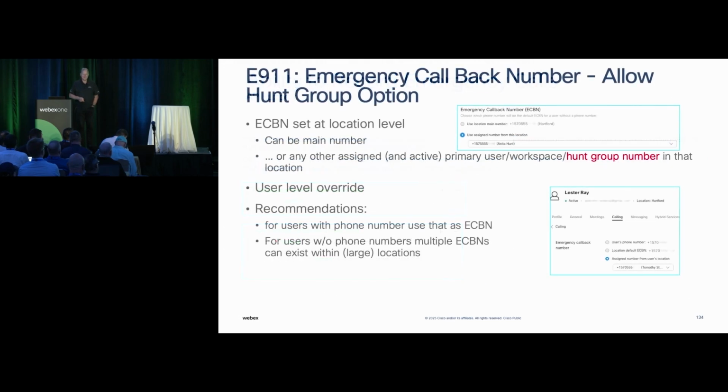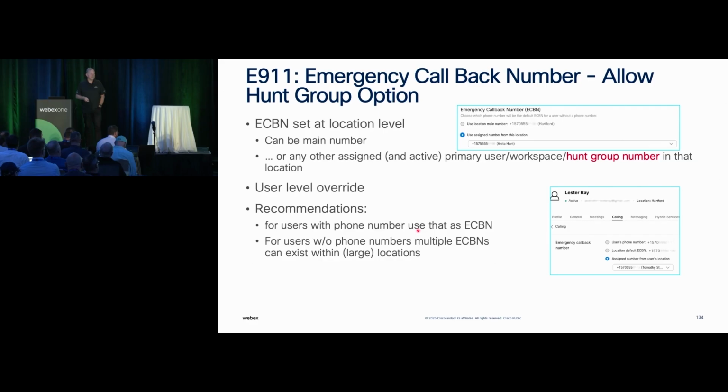And this one I mentioned earlier, we now allow hunt groups as ECBNs. Prior to that, ECBNs had to be active numbers assigned to users or workspaces. The general recommendation is at the user level to always use the phone number that is actually assigned to the user, for obvious reasons.